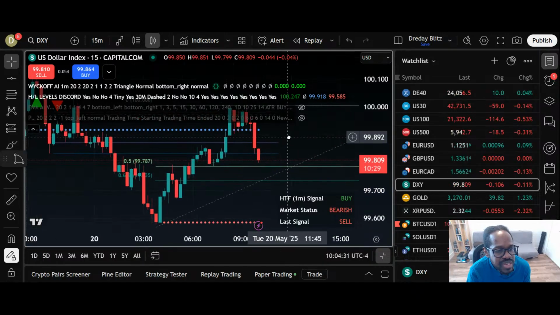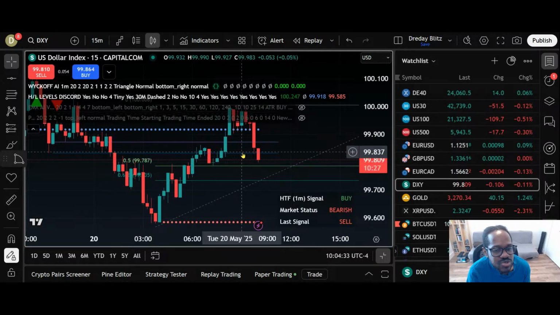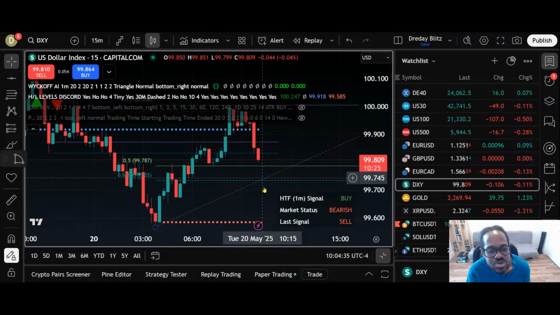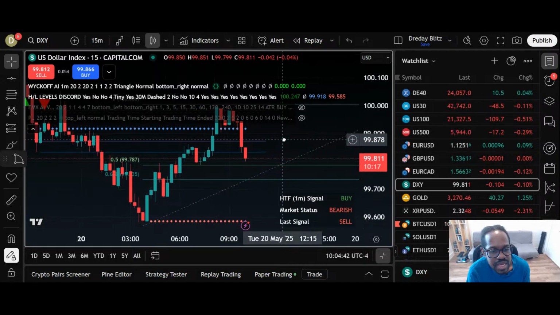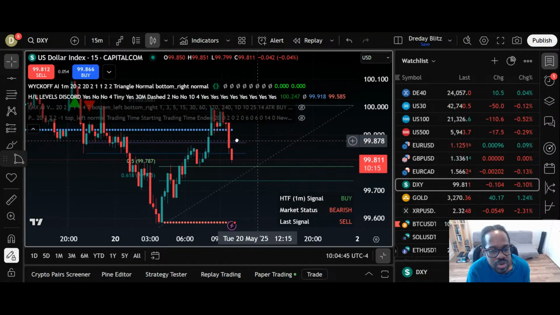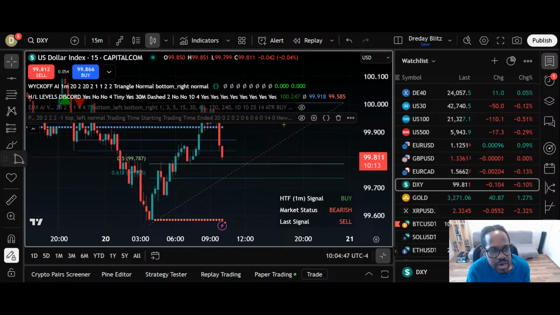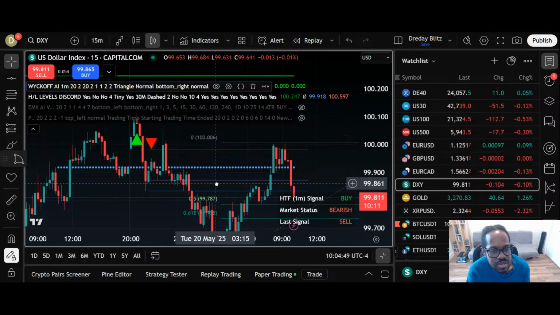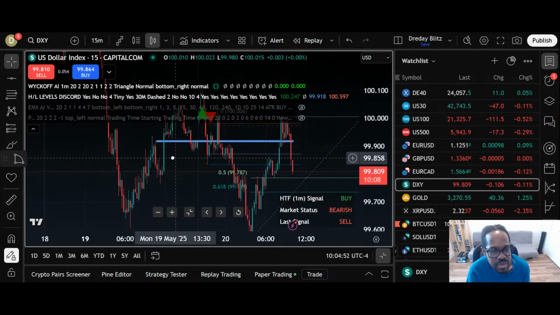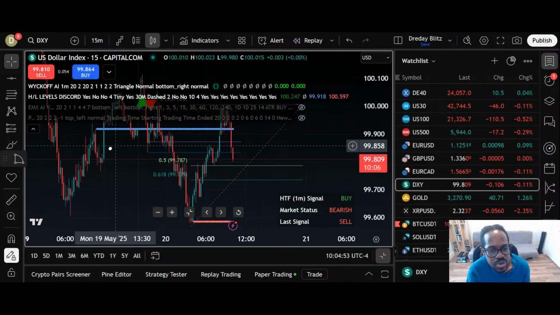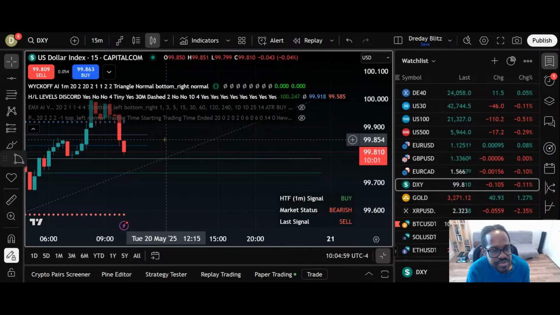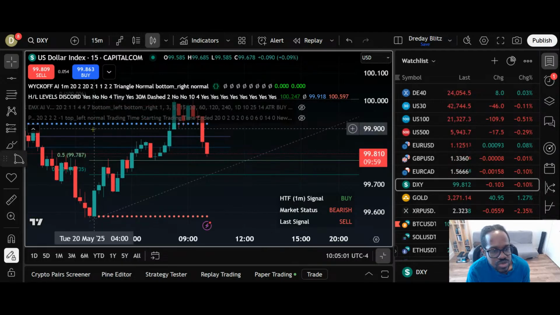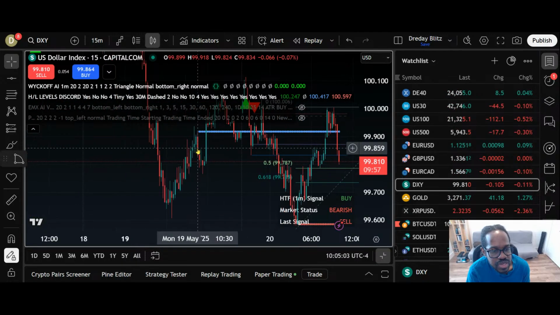So it's currently at almost a 50% retracement. If it's able to sustain that move, we should be looking to go higher afterwards here. It seems to be creating a W off of that small move, but those are levels to be taken into consideration.